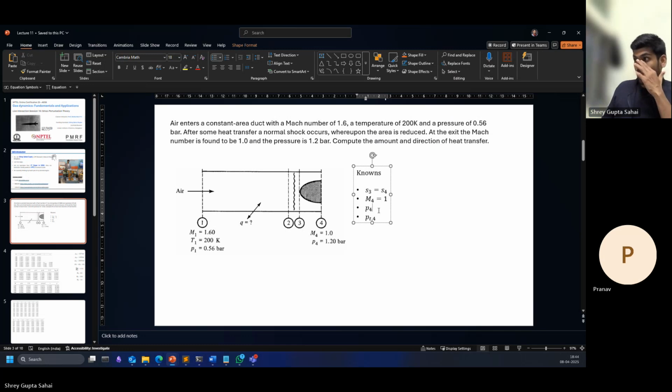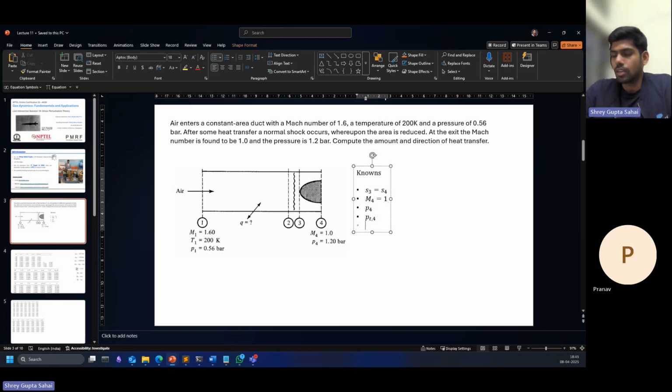Because regions from 3 to 4 are isentropic, just writing entropies, we can simply write that total pressures are the same. What else?